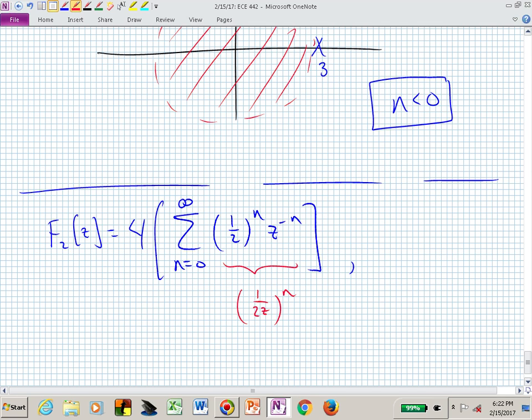And what am I doing that for? I'm trying to find the common ratio between my terms in this infinite series expansion. What do I need my common ratio to be in terms of its behavior to have this infinite sum well behaved?